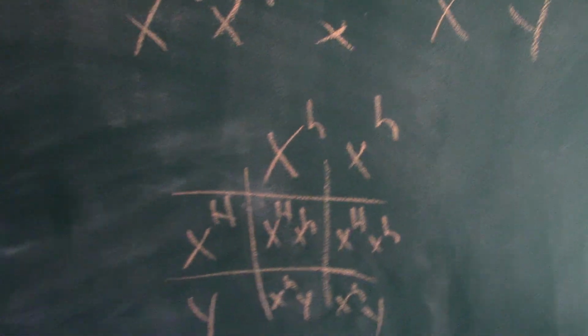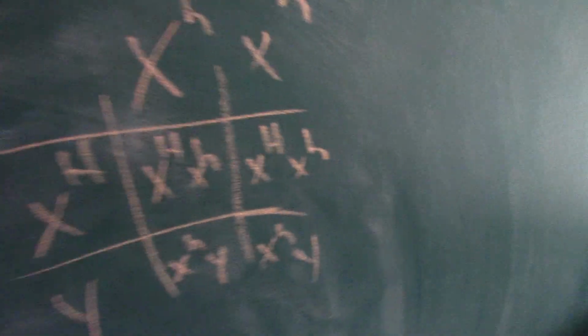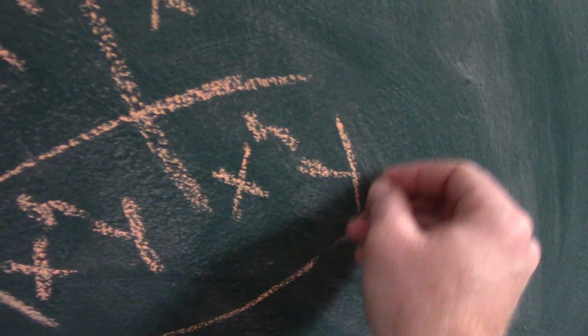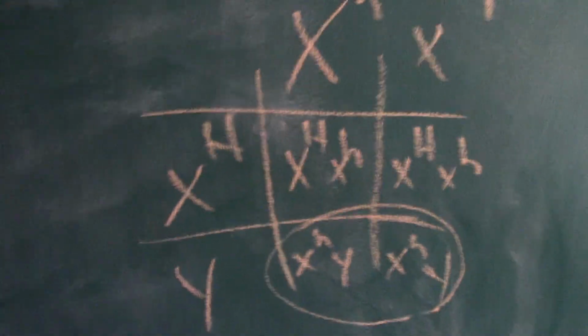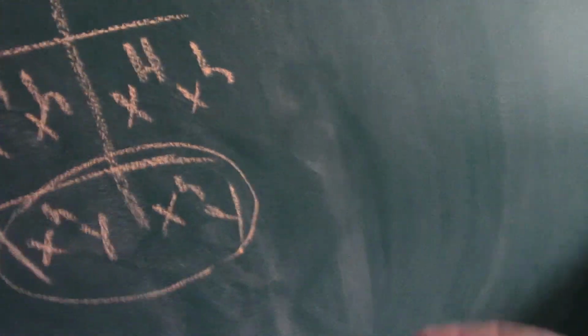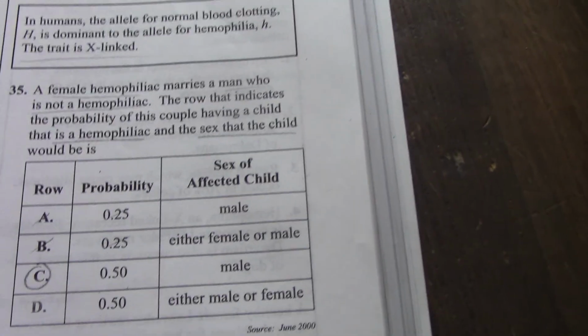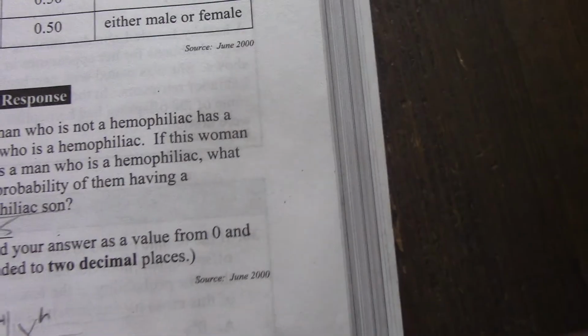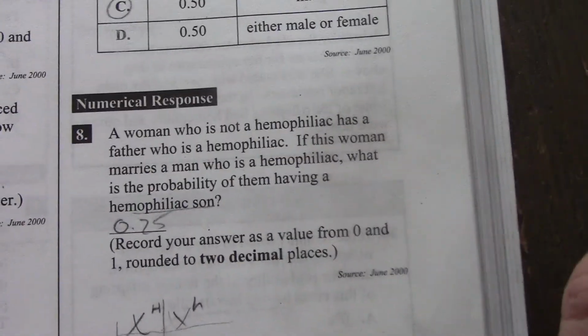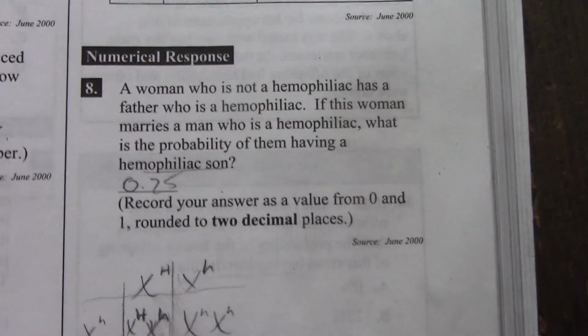Okay, so there's a 50% probability that, right, that the individual will be a hemophiliac and they will be male. Okay, so that is C.